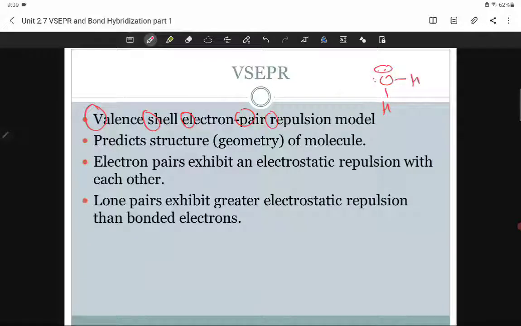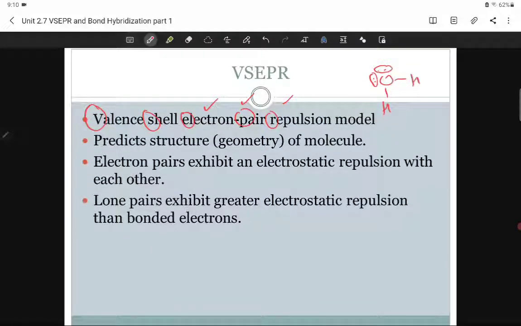Again, I said that it's nice, not always, you don't have to, but it's nice to circle those unshared electrons. And a line represents 2 electrons that are being shared. So now there are 4 pairs of electrons that are all repelling each other. So those are electron pair repulsions. And those will now give that molecule a certain shape. Okay?